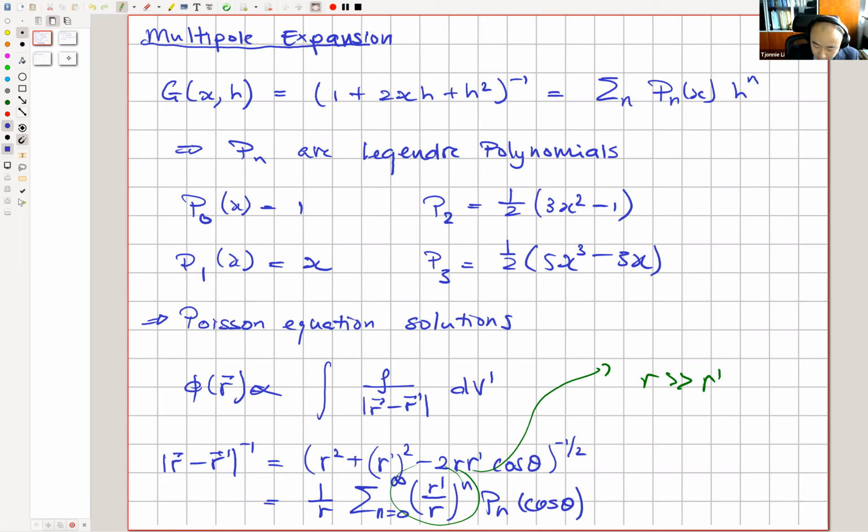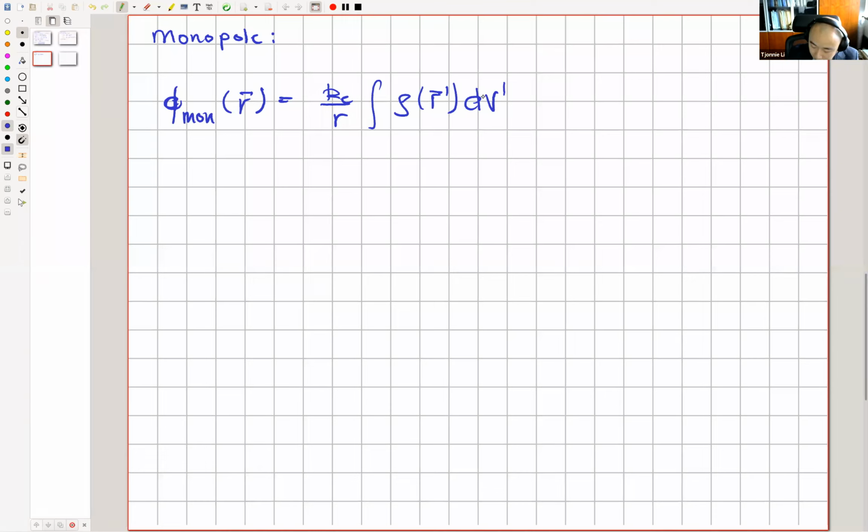Since I'm integrating over R prime in the space of V prime, I can just take the 1 over R out. So I get Ke over R integral rho as a function of the prime coordinates integrated over V. Now this is something that we should all be able to do, because this simply equals Ke Q over R, where Q is simply the integral of rho dV.